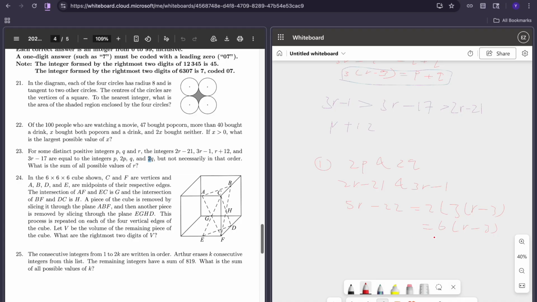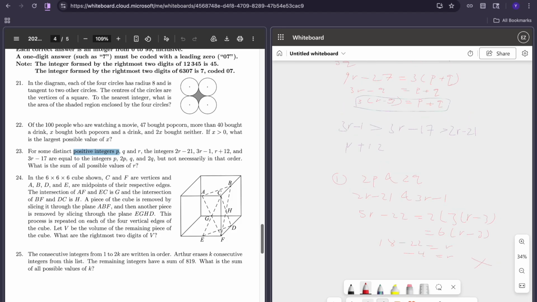Move 5r to the other side, so we get r, and 6 times 3 equals 18, 18 to the other side, 18 minus 22, which gives minus 4 equals r. But r, we said at the beginning, is a positive integer. So the first case is impossible. Second case.